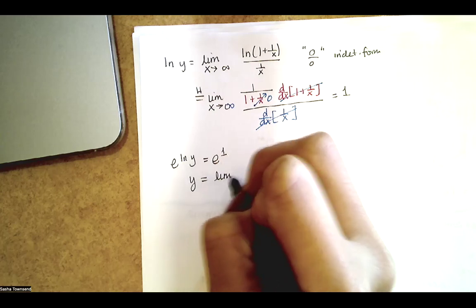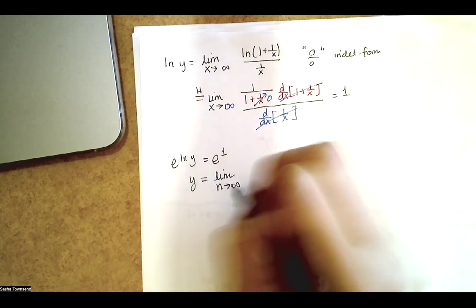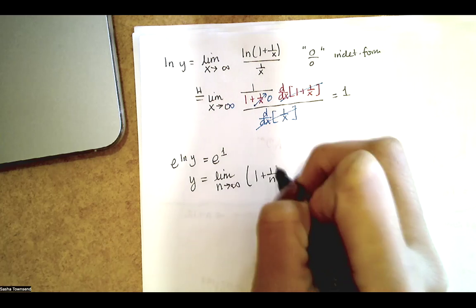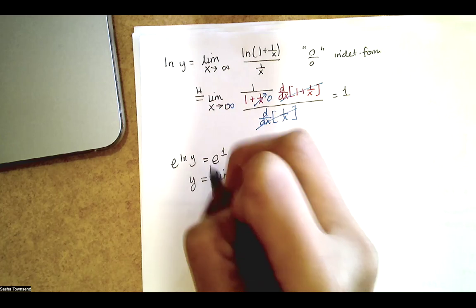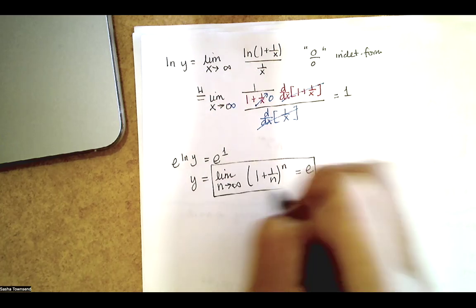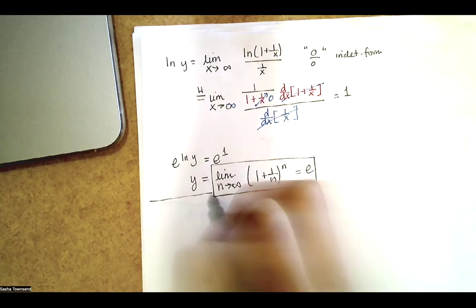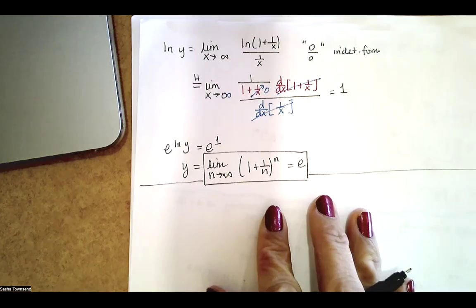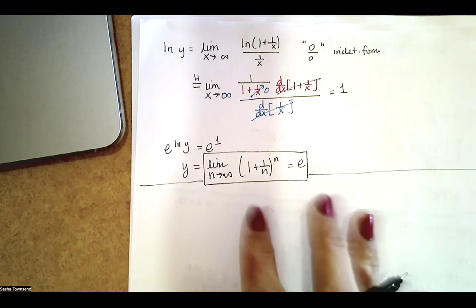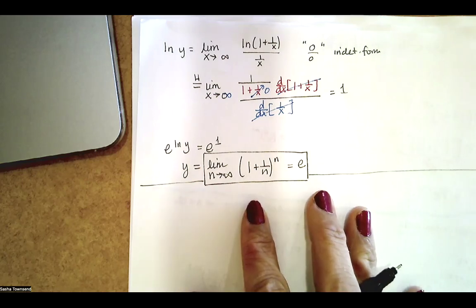So y, which was defined to be the limit as n goes to infinity of 1 plus 1 over n to the n, is equal to just e. So now we've proved that using pencil and paper and L'Hopital's rule, but we can also explore that limit numerically.